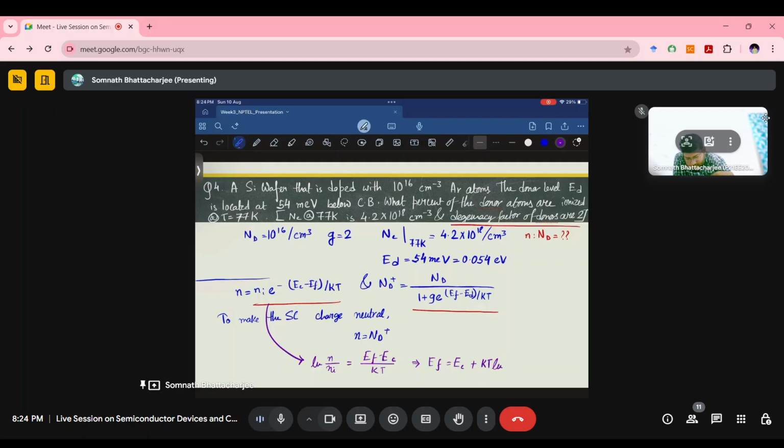EF equals KT multiplied by ln of N by Ni. Ln of this. So there was this minus term, and this should be N by Ni. Now you can substitute the value of EF in the second equation.